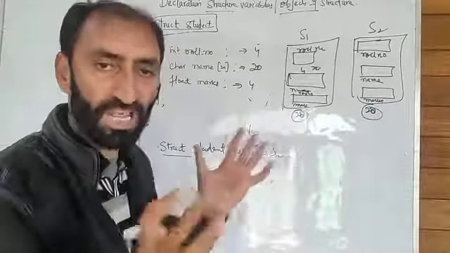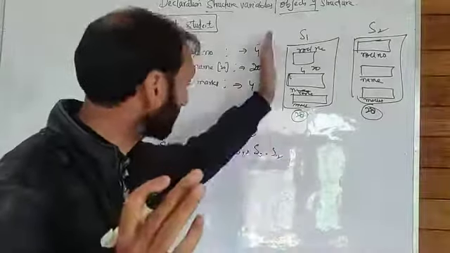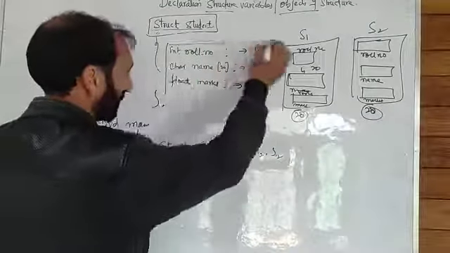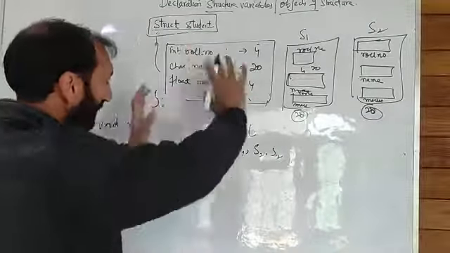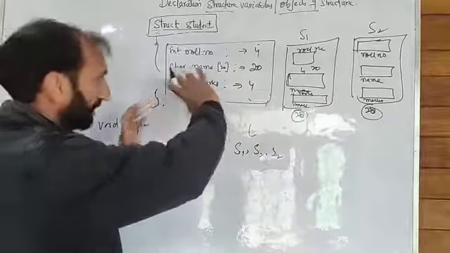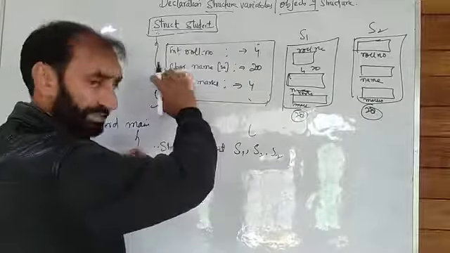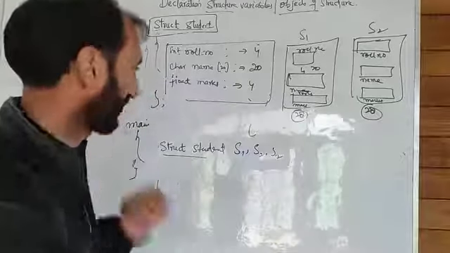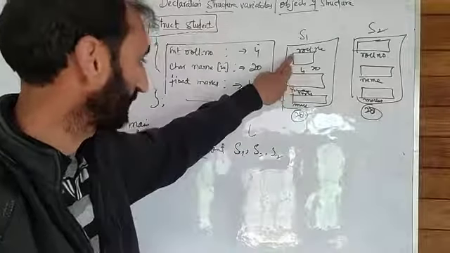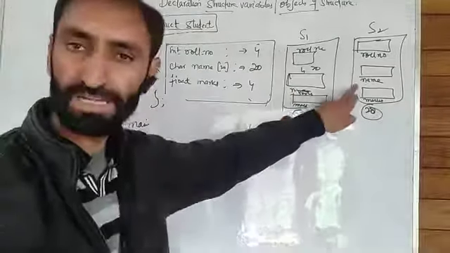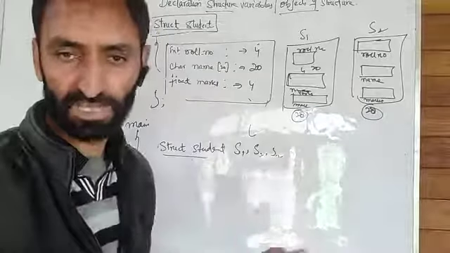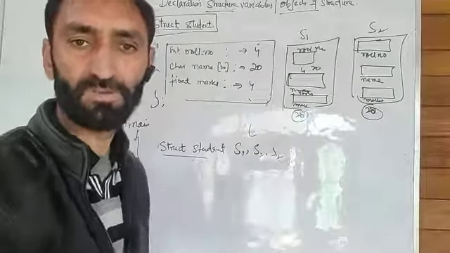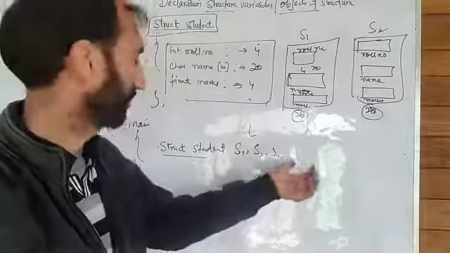In a nutshell, we can say total memory, depending upon these declarations, will be allocated for this structure. That means for S1, 28 bytes, for S2, separate 28 bytes, and for S3 and so on, separate memory will be allocated for these objects.